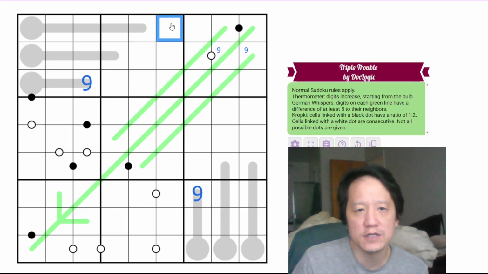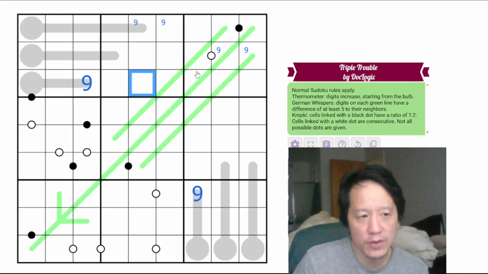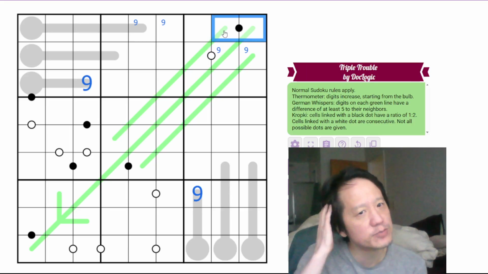Which means in this upper central box, where is the 9? It must be one of these 2 digits, because it cannot be that digit because it's less than that digit. Let's see. What are the unique possible digits here?